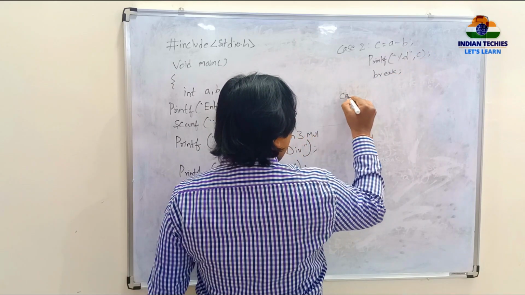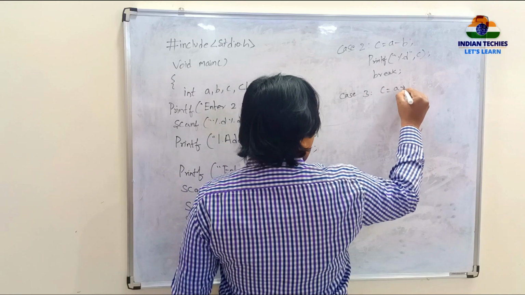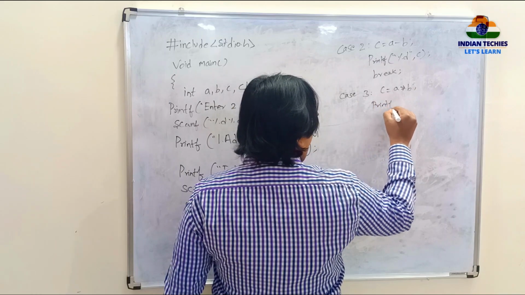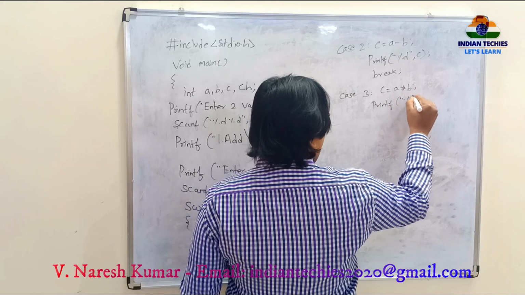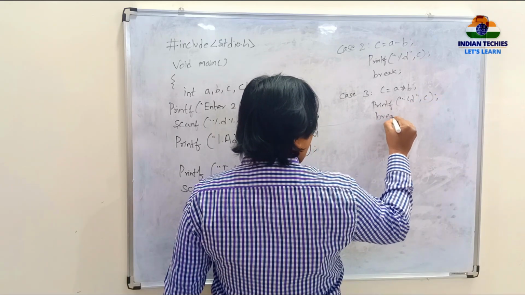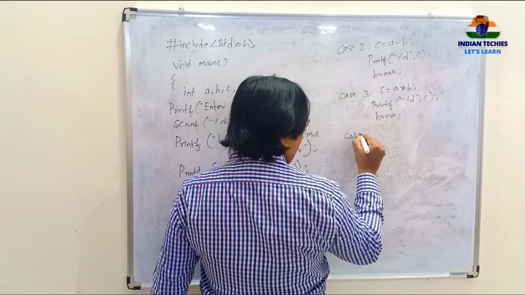Next, case 3. c is equal to a into b, printf %d c. Next, break. So next, what is case 4? Division, right?